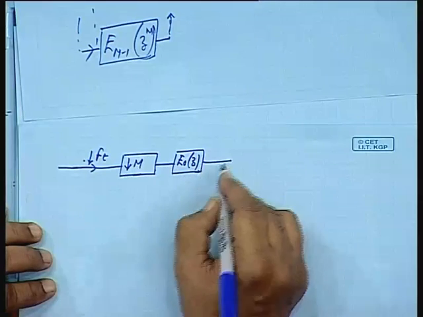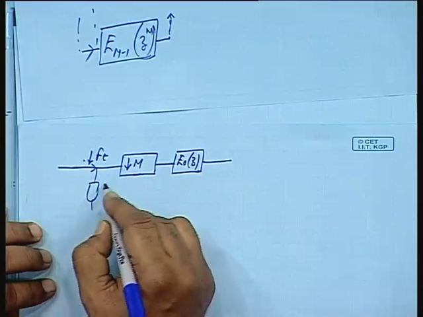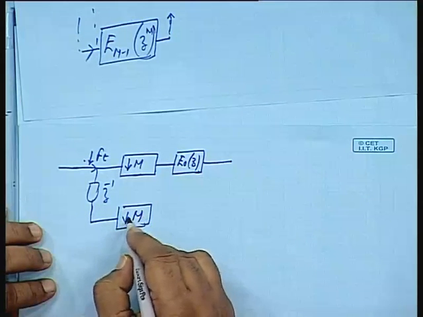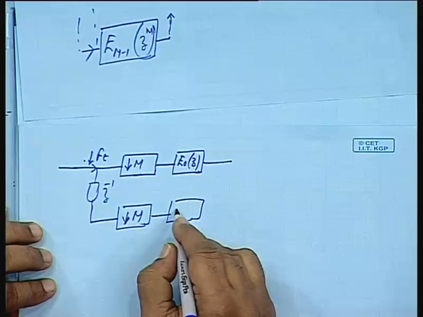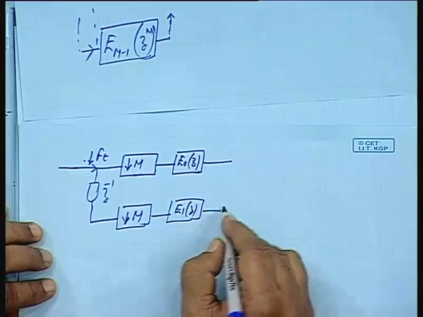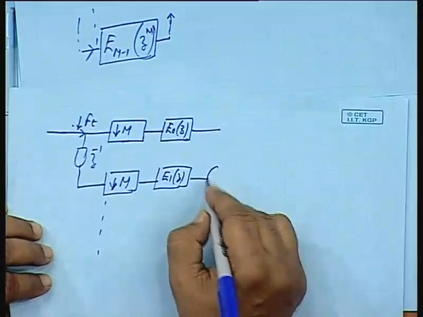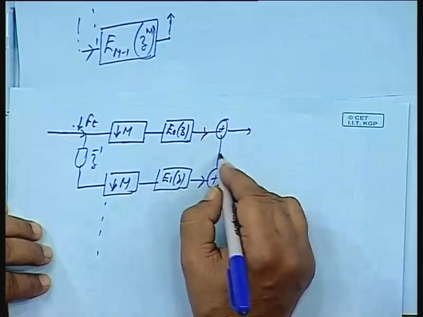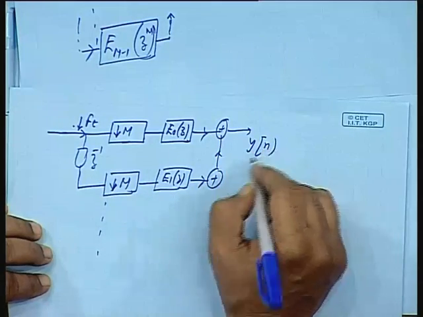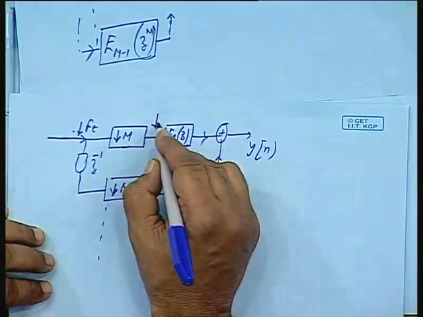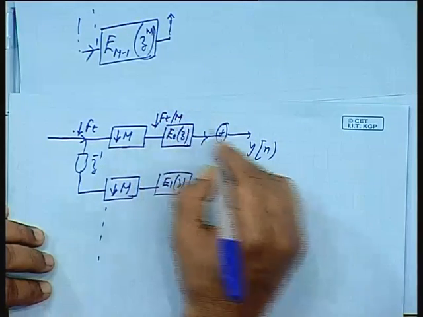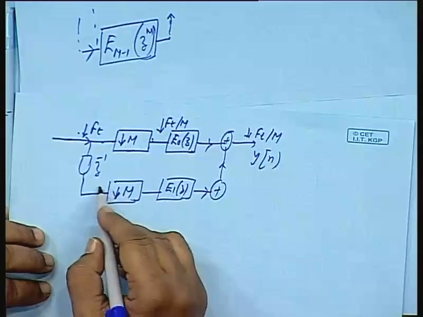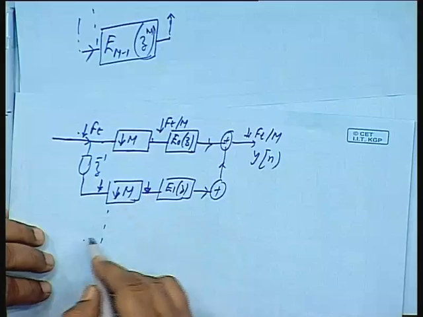E0Z. That is minus 1. E1Z and so on, and keep on adding them. I will get the same output yn. What about the frequencies? Now it is here ft by m, and here also ft by m. Downsampler has changed the frequency, so it will be at these points also.